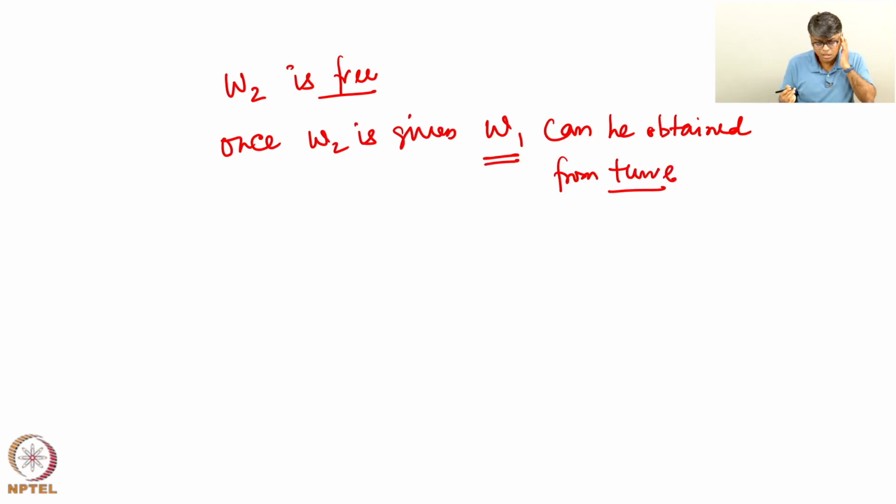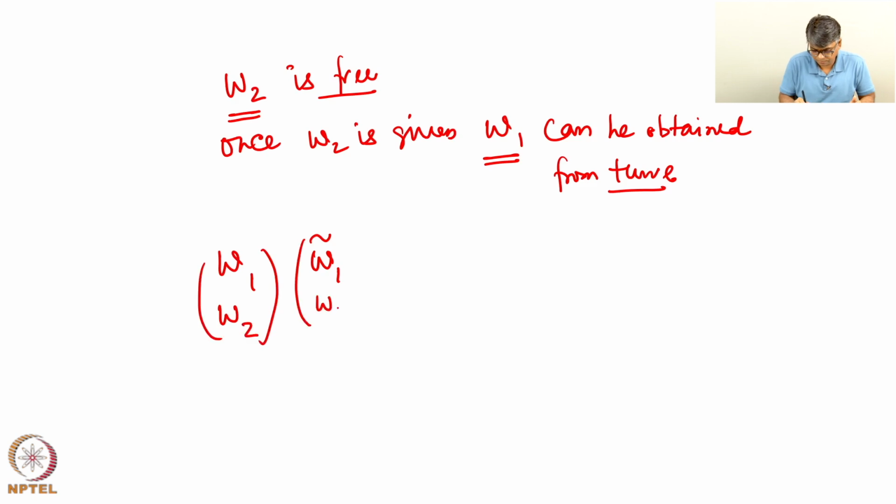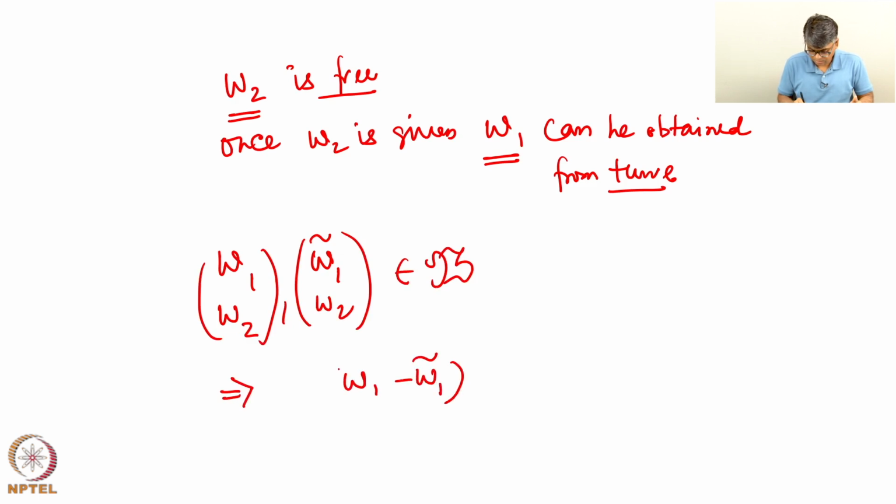Why? Because suppose I have a W1 and a W1 tilde, both with the same W2, both of them in the behavior. Then obviously W1 minus W1 tilde must be in the kernel of P(ξ), and this is a square matrix.